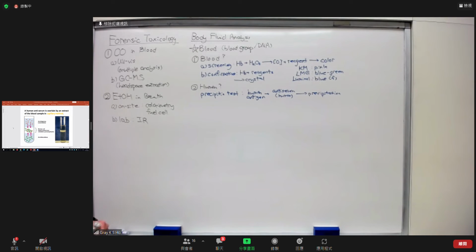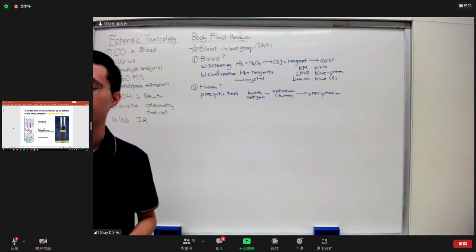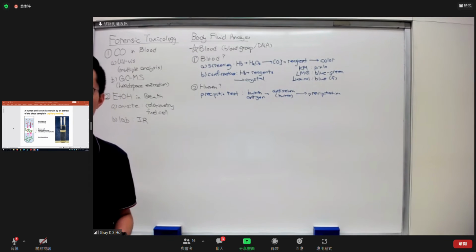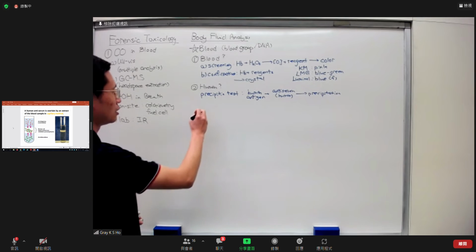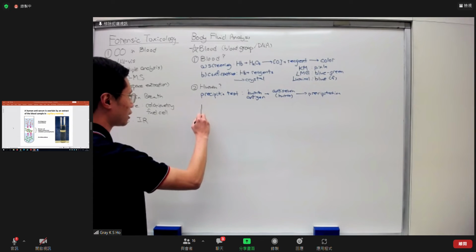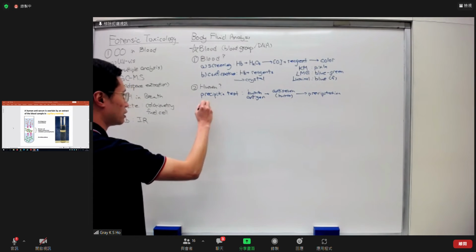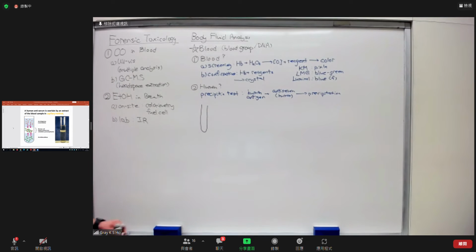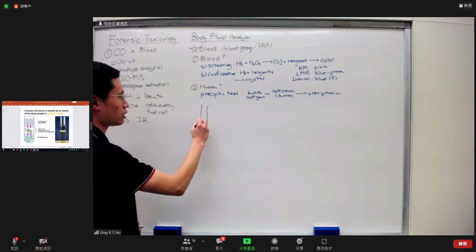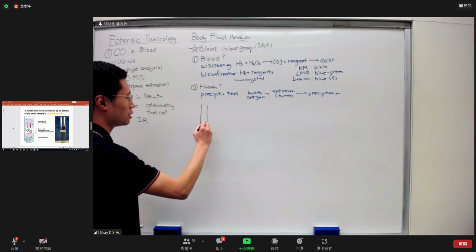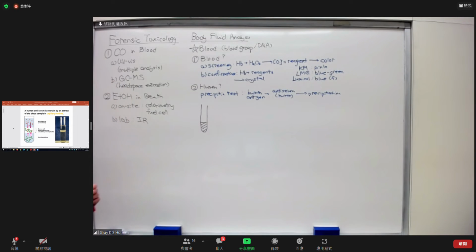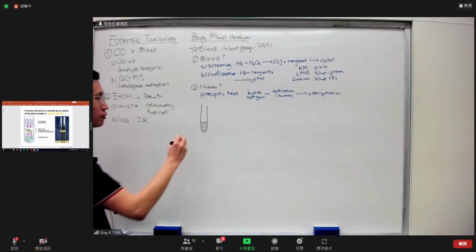Although we say that it is a capillary method, we are using a test tube in order to conduct the test. So let's say right now we are using a test tube. In the test tube at the very beginning, we add in the anti-serum, let's say from human.